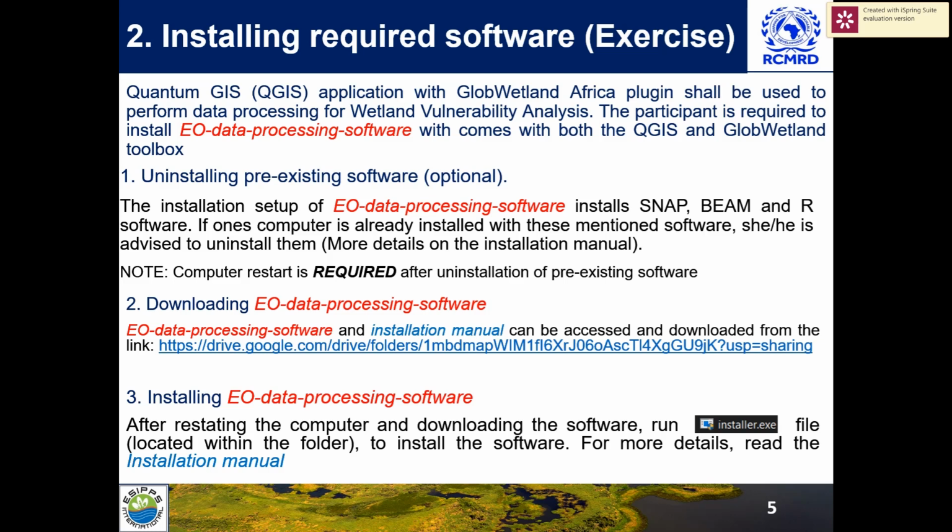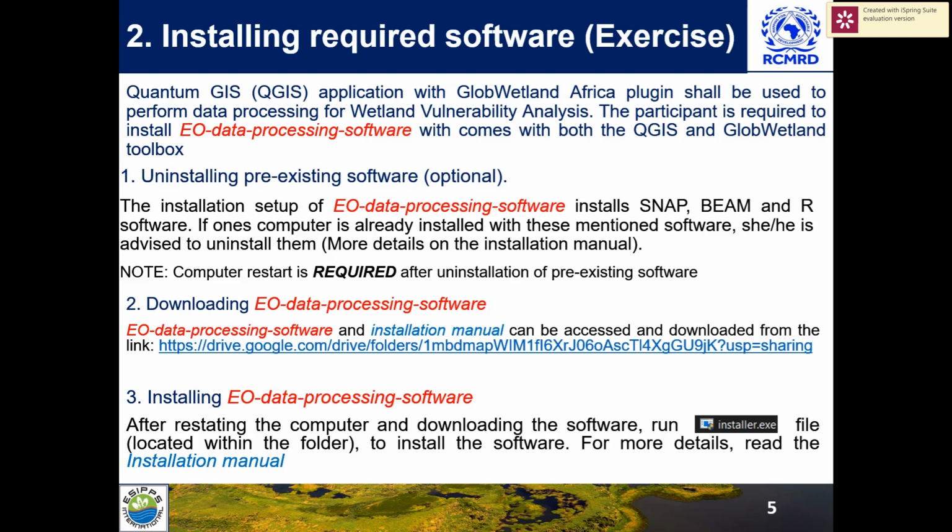And then in the second part, we'll download the Earth observation data processing software, where you'll see there's a link to a Google Drive where you can click and be able to download that software.